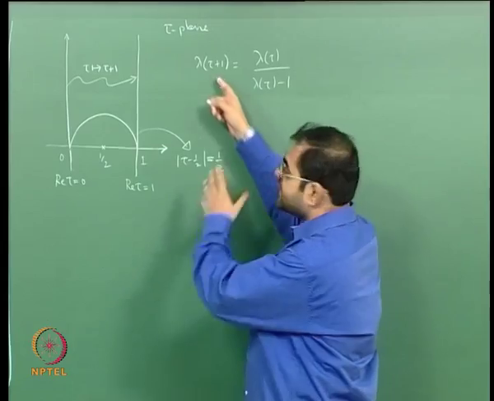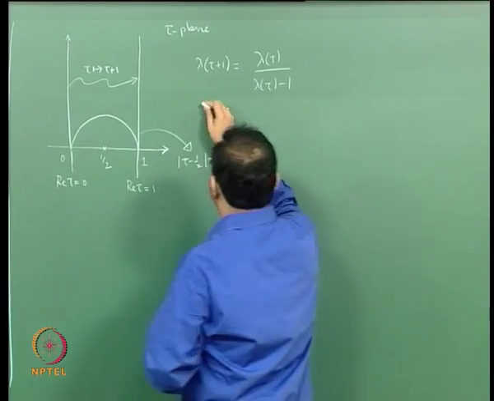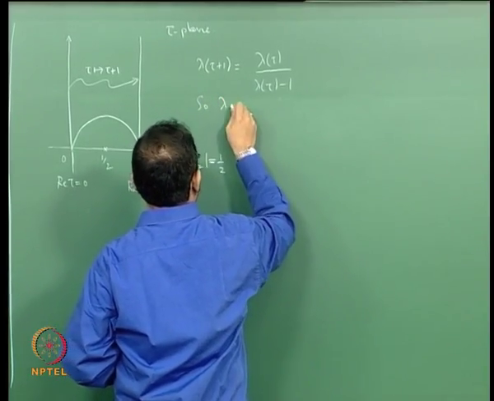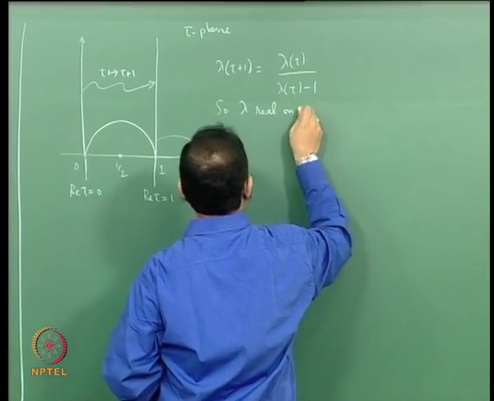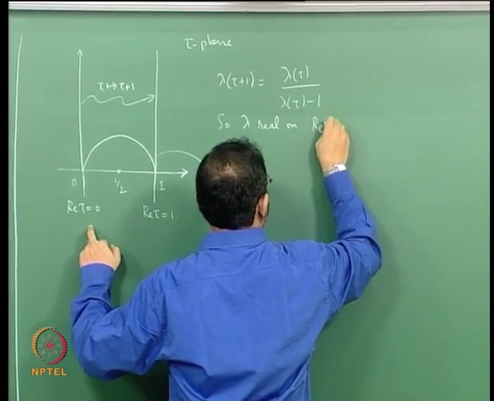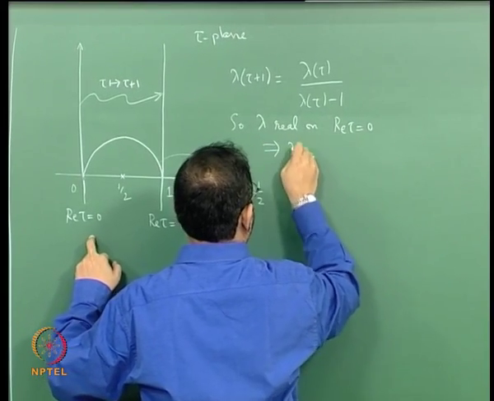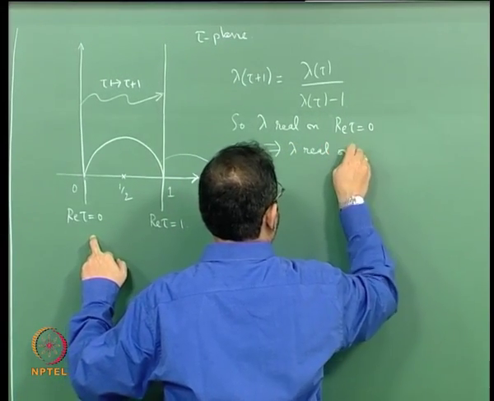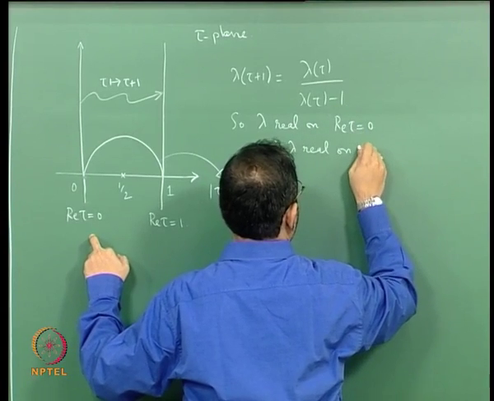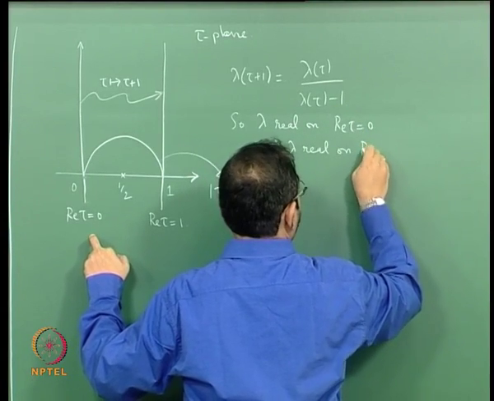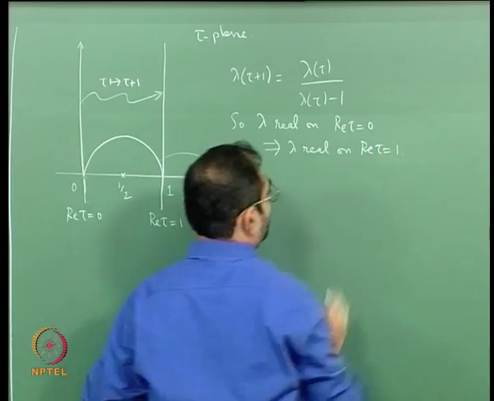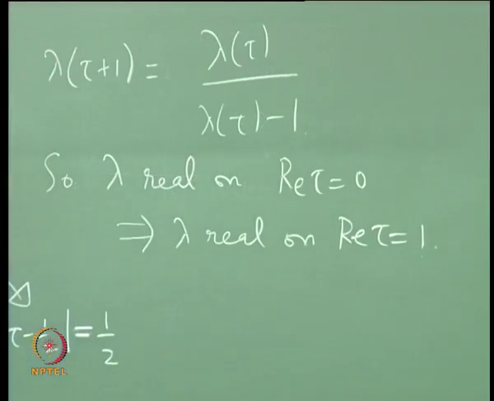So that is the advantage of this functional equation. So lambda real on the imaginary axis implies lambda real on real part of tau is equal to 1, okay.